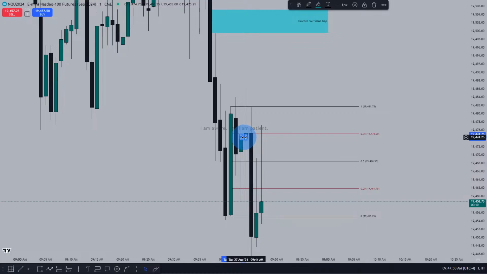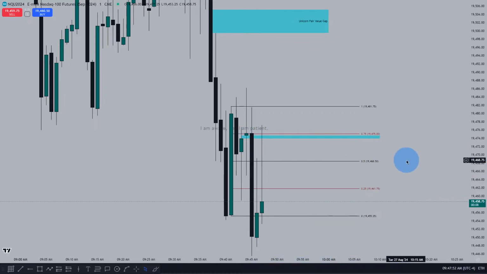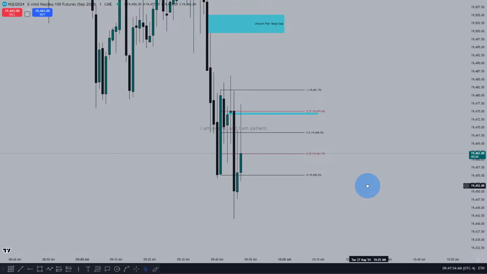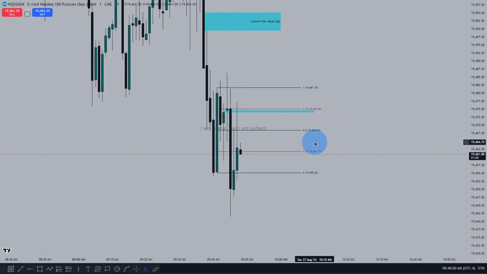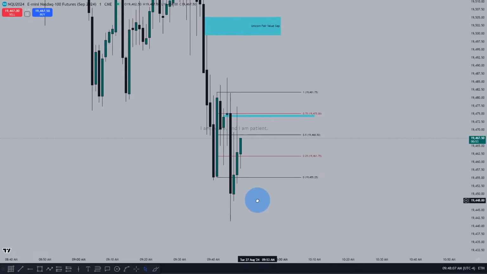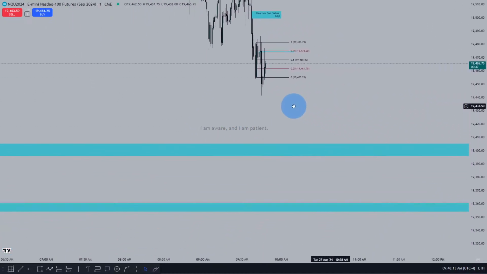I didn't really see that. Inversion VI, still rejecting off the consequent encroachment of the order block. There's a small rejection block within here that could hold price, but I'm not expecting it to.